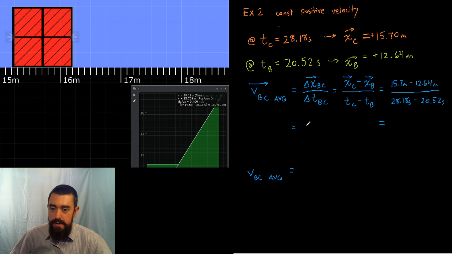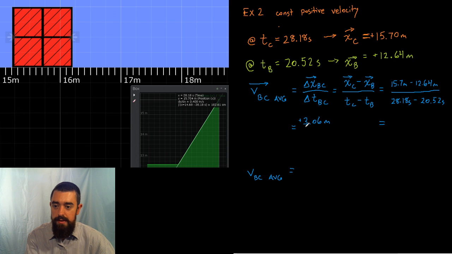There we go. So what do I have on top? I can do that calculation. 15.7 minus 12.64, 3.06. 3.06 meters, and that's a positive number.